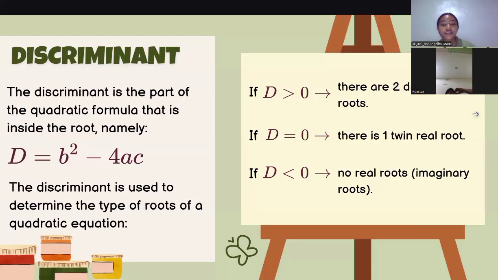And then third, if D is less than 0, the equation has no real root because the square root of a negative number is not real. In this case, the roots are complex or imaginary.